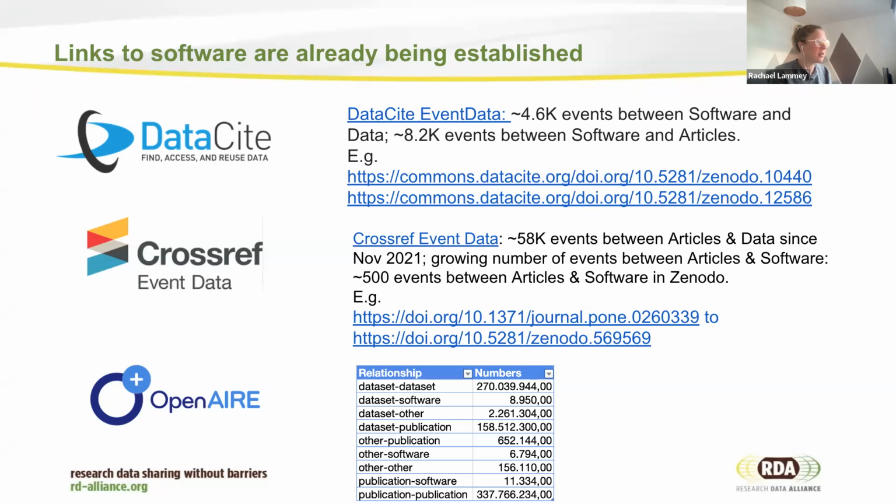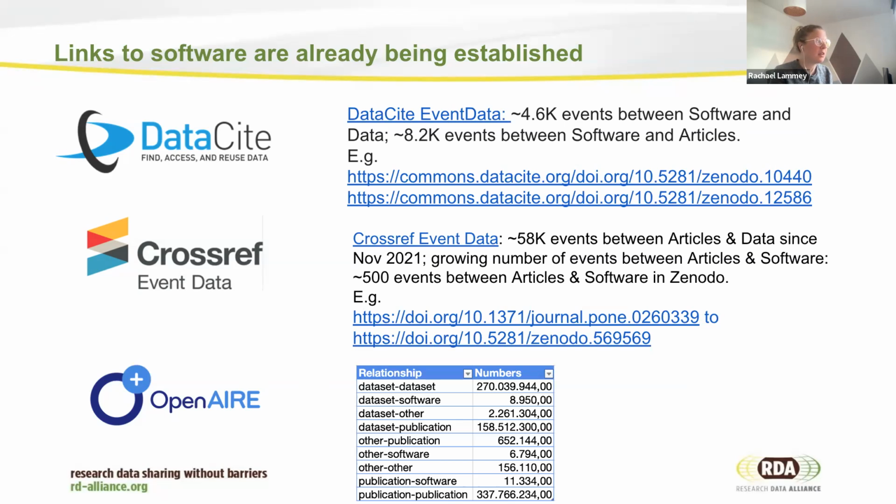In Crossref's event data service, we're seeing a growing number of events between articles and data being registered since we started to collect that information more cohesively at the end of last year. But as part of that, we can also see a growing number of events between articles and software.